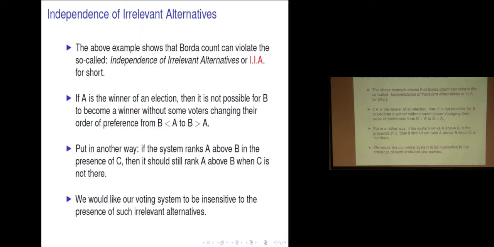So we understand this, right? Whether this is a reasonable condition, again, we can talk. Actually, IIA was, I think, introduced by Kenneth Arrow, and you'll see that in his impossibility theorem, this IIA plays an extremely important role.